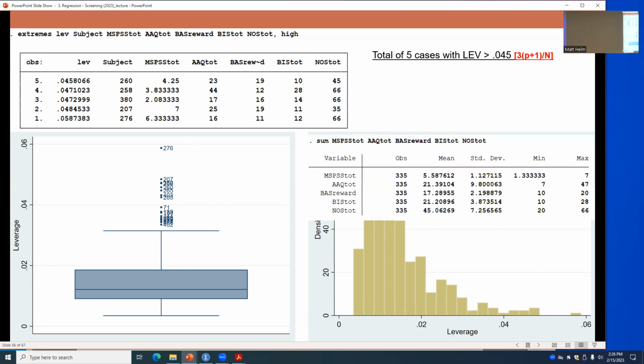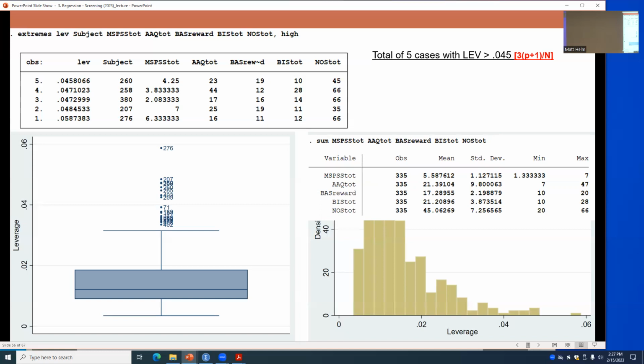So I can start to go through and compare that with my descriptives. My highest leverage value in this case is 0.059, for participant number 276. I've got an AAQ score of 16, which is a little bit low, not too bad.